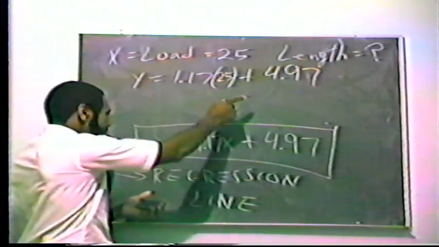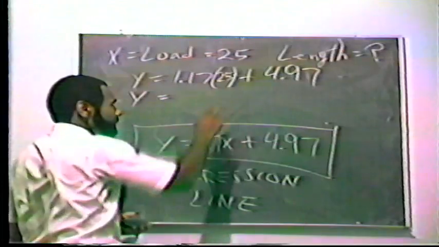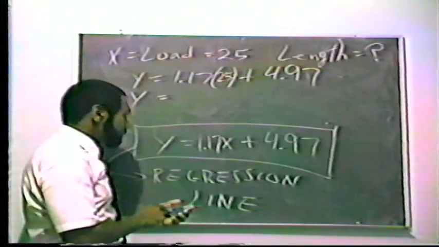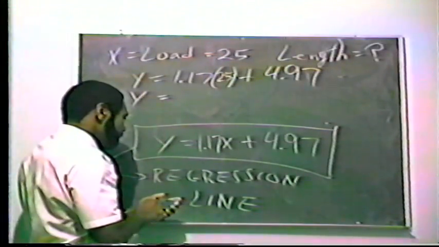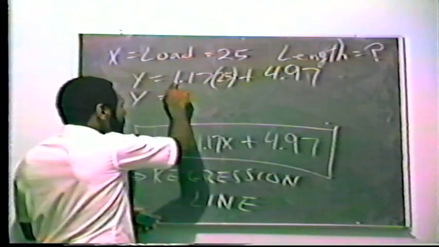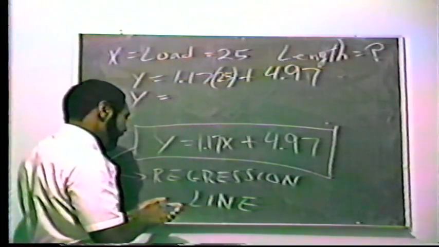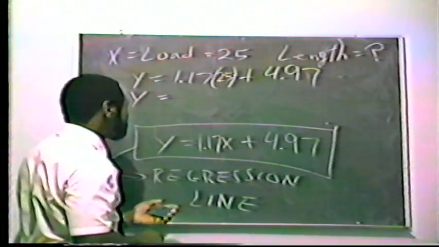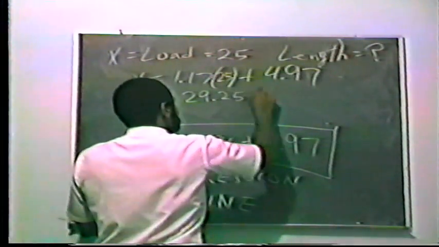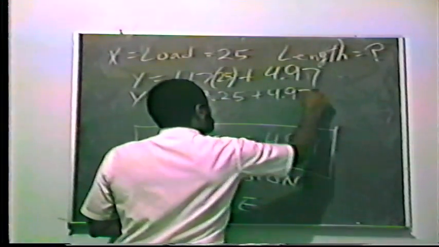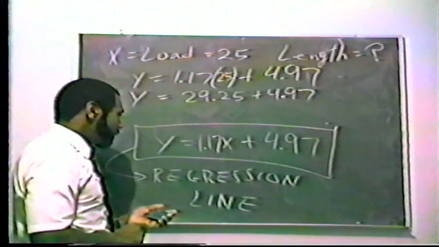And then we take our calculators and we do the arithmetic that's involved here. We multiply 1.17 times 25. That gives us 29.25. We add that to the 4.97.